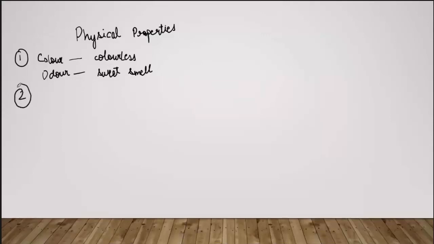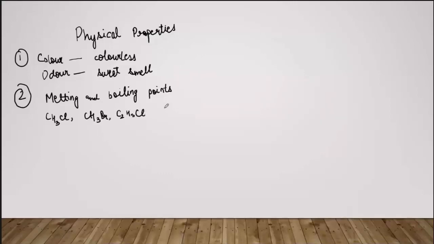But coming to the next one, we have melting and the boiling point. The special thing about the state of these compounds is that methyl chloride, methyl bromide, then ethyl chloride, and some of the chlorofluoromethanes are gases at room temperature.